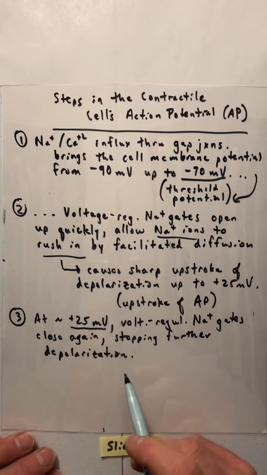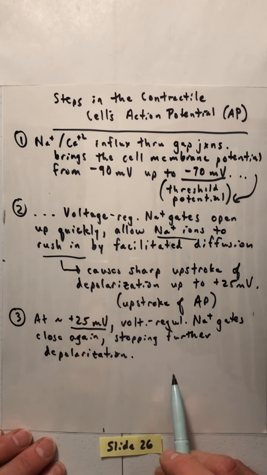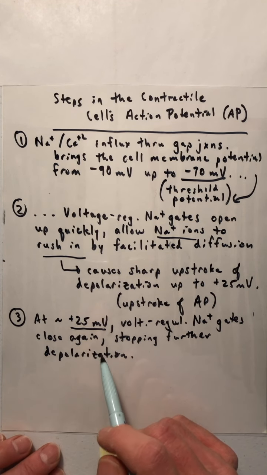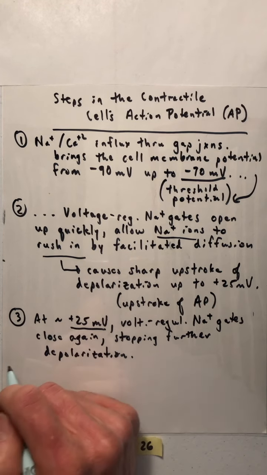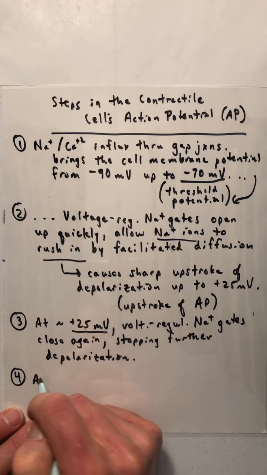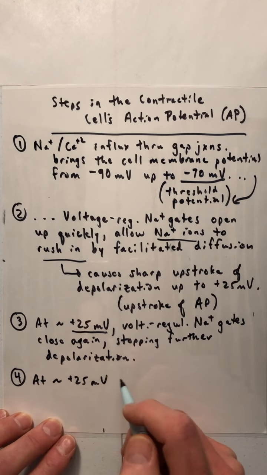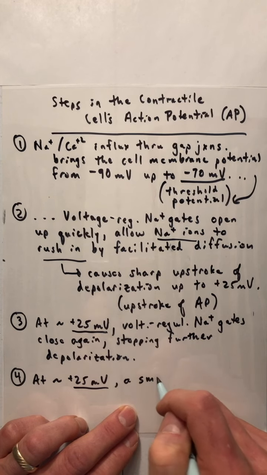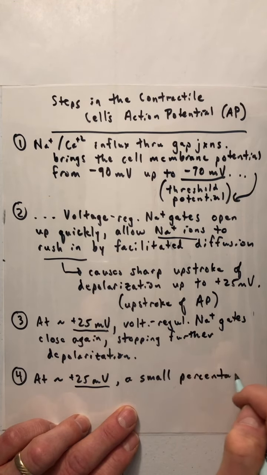The other thing that keeps this cell membrane potential from going all the way up to sodium's equilibrium potential is that also at about plus 25, a small percentage of the voltage-regulated potassium gates start opening. So at approximately plus 25 millivolts, a small percentage of the voltage-regulated potassium gates open up.